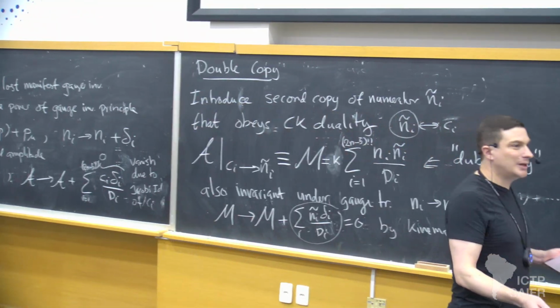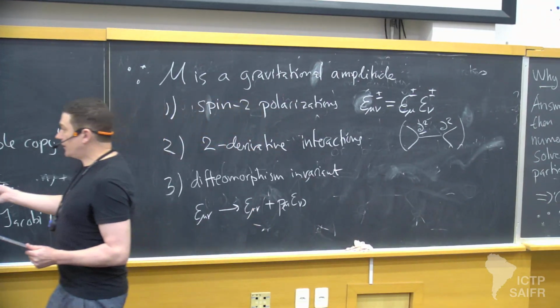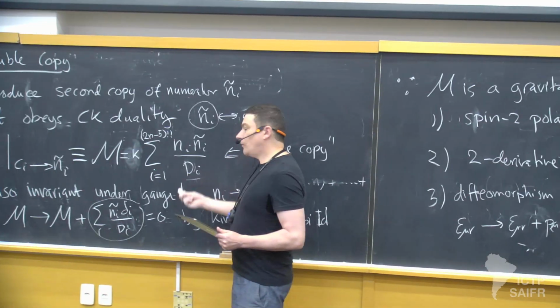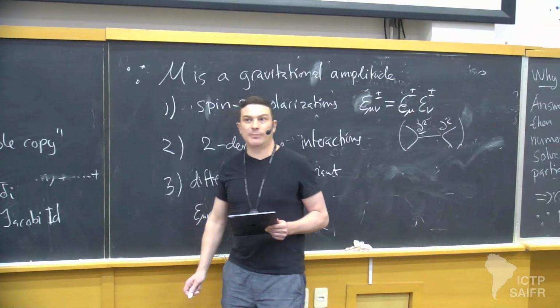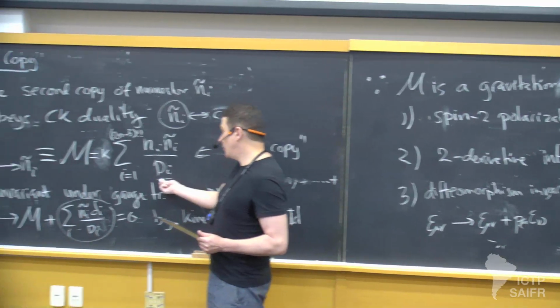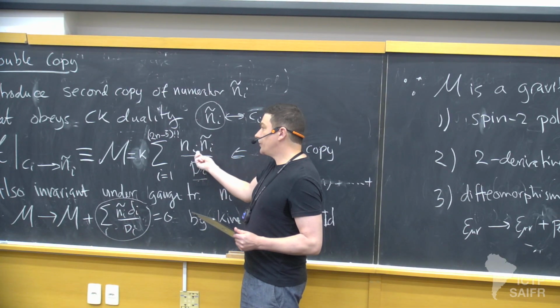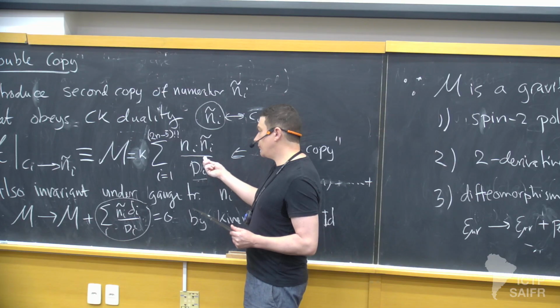So on the pole, how does it behave on the pole? But the claim is that this guy only has the physical poles, first of all. So you don't have to worry about any unphysical poles. He has only Feynman diagram poles. Then he has numerators. What do we know about these numerators?